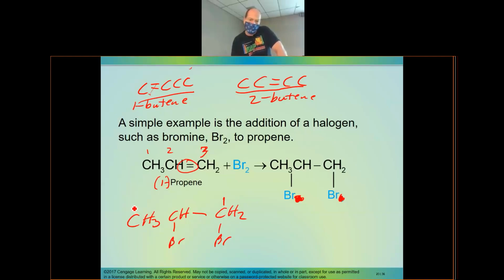I'm not going to start over here where there's no bromine. And so I have a 1, 2. Now I have 2 bromine, so that is a dibromo. And then the longest carbon chain is 3, and so that is a propane. There's no double bond anymore. It's all single bonds. And so now it is a propane.